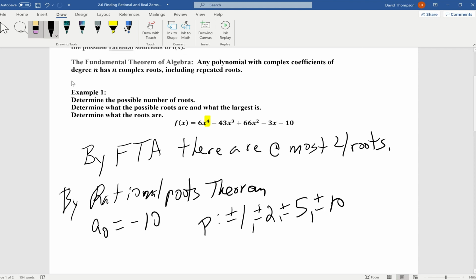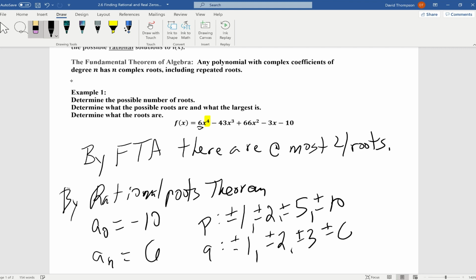Now our a_n is going to be 6. That's the leading term. So our factors of 6 are going to be plus and minus 1, plus and minus 2, plus and minus 3, and plus and minus 6. Now it's asking what is the largest.